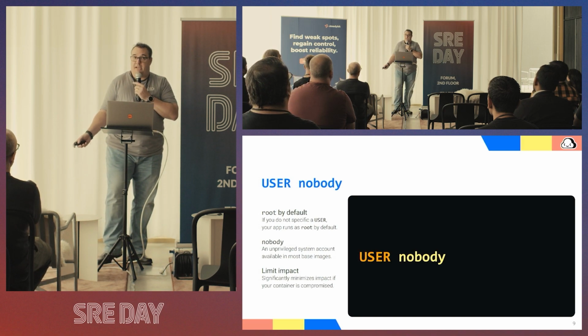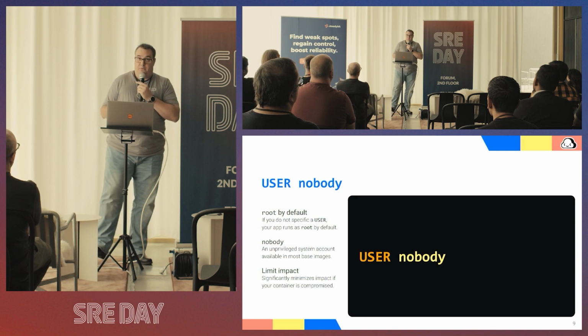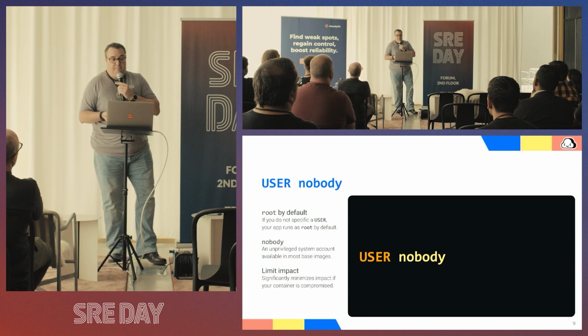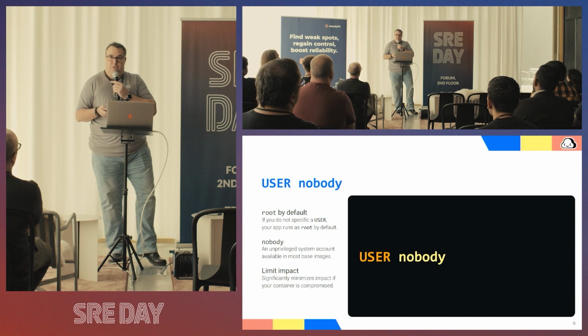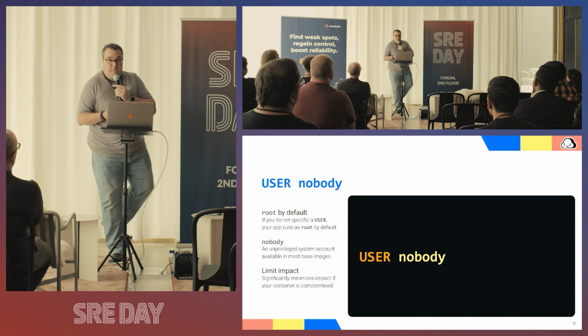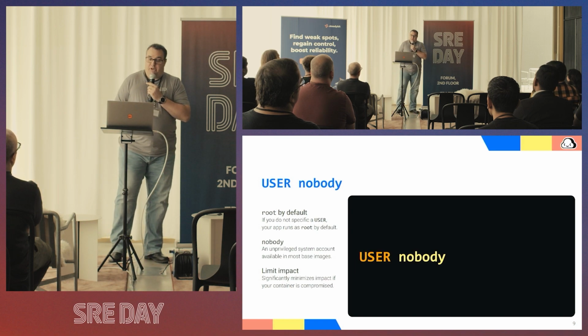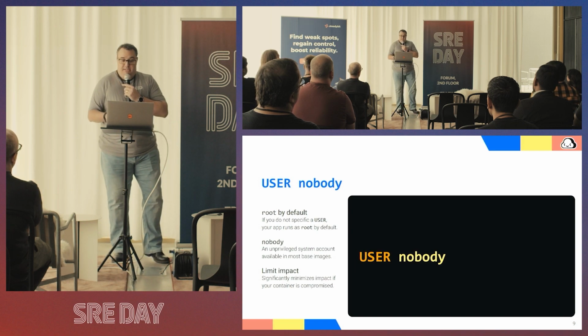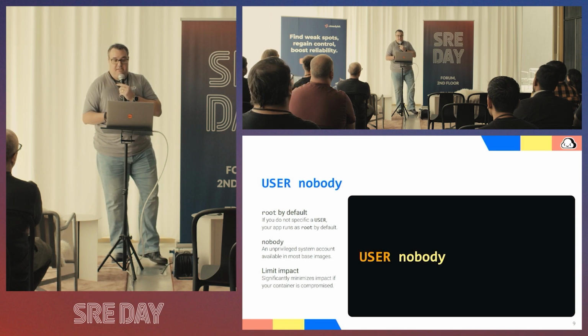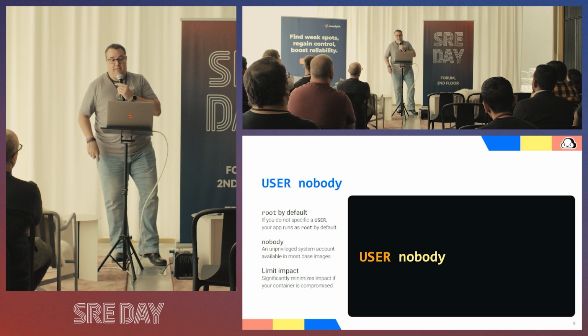The purpose of the nobody account is to run things that don't need any special permissions. It's usually reserved for services, so that if they do get compromised, the would-be attacker has minimal access or impact on the rest of the system. By contrast, if your app is running as root, the would-be attacker potentially has complete access to the container and any additional utilities that are inside that container image, and we'll talk about that a bit later.